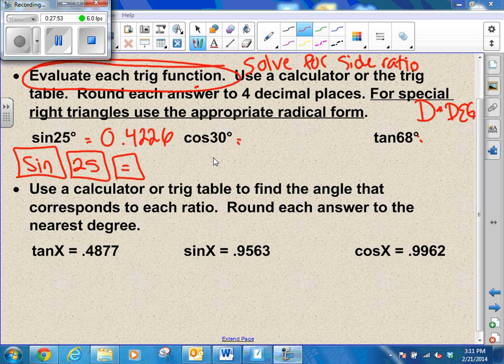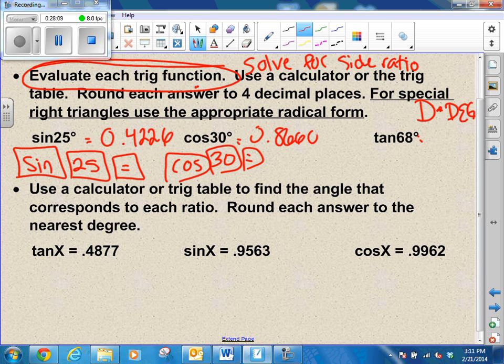All right, now let's do cosine. Hit cos. 30, hit equals. Give me 4 decimals. 0.8660. Everybody still okay there?